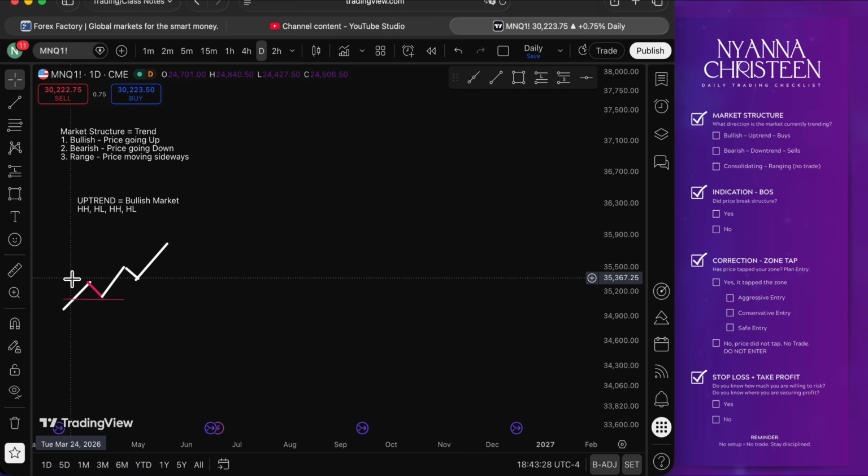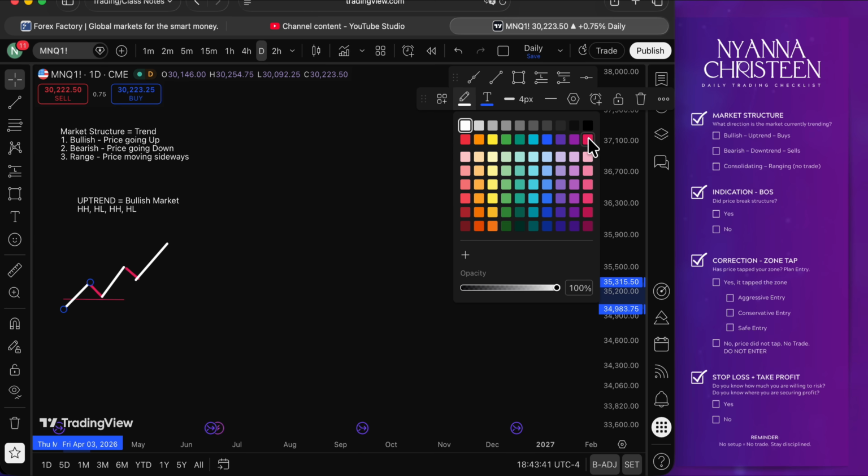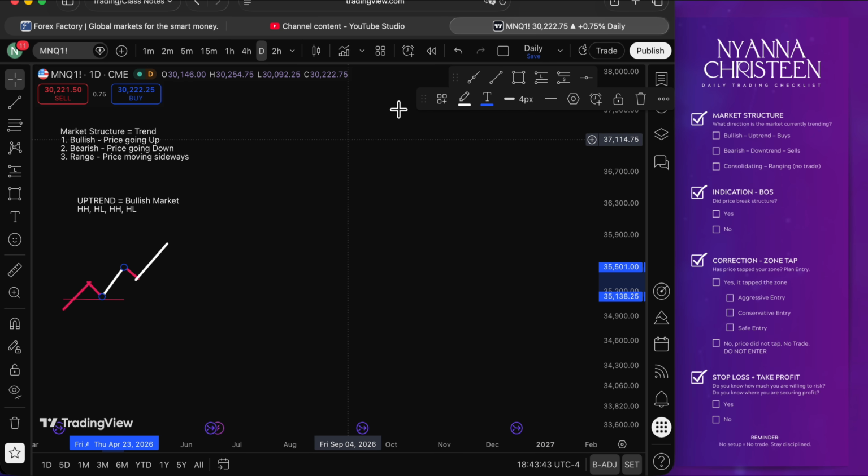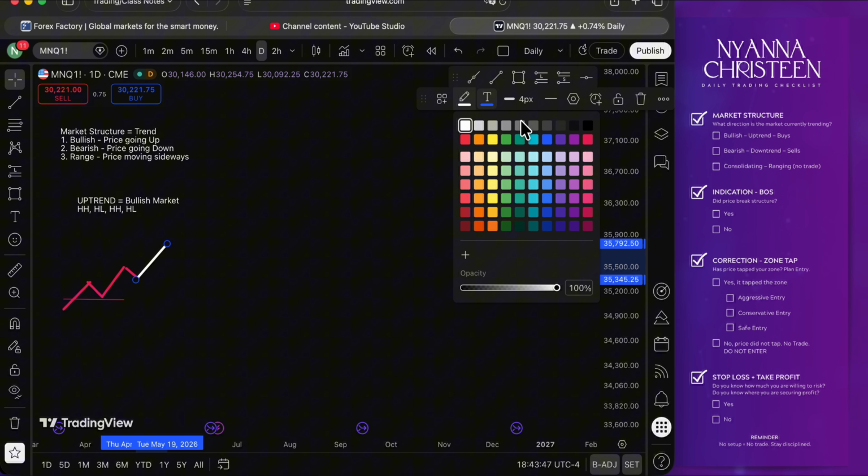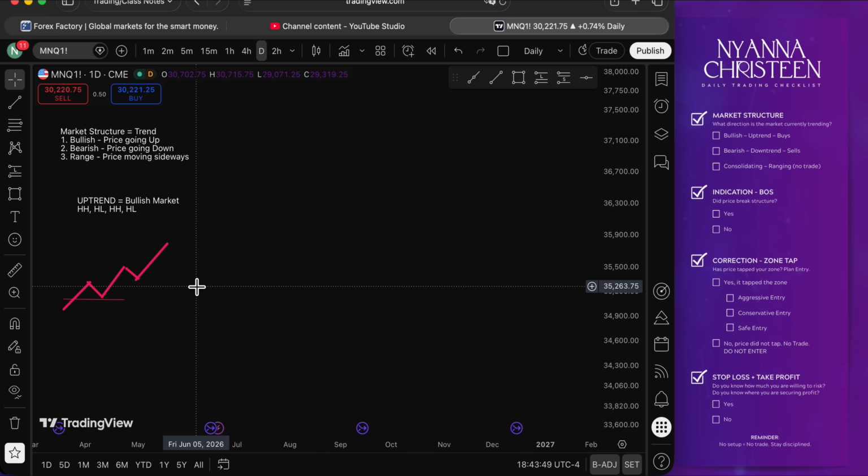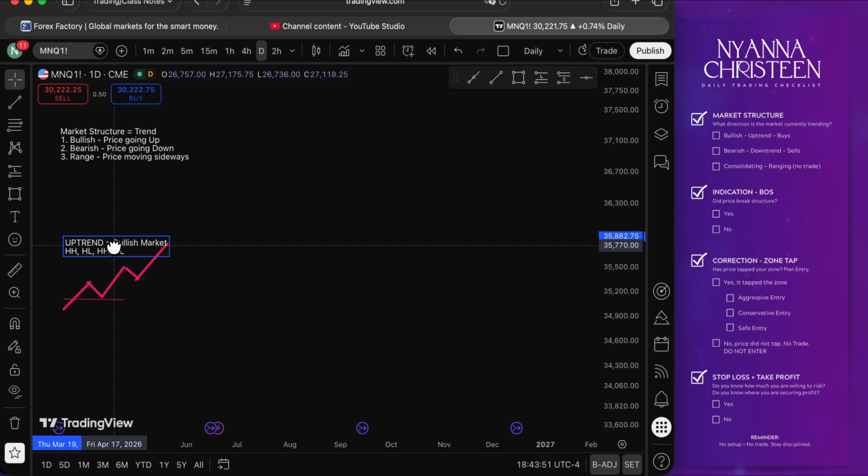The ones that come back, these are pullbacks, right? They always come back to an area, then continue higher. So this is an example of an uptrend. It has higher highs, higher lows, higher highs, higher lows.